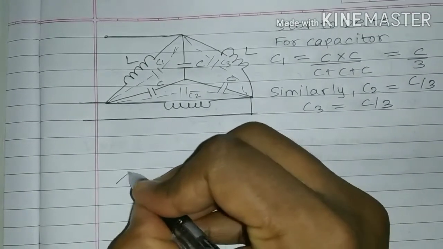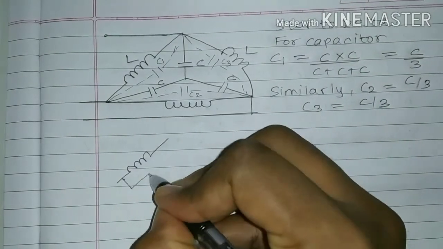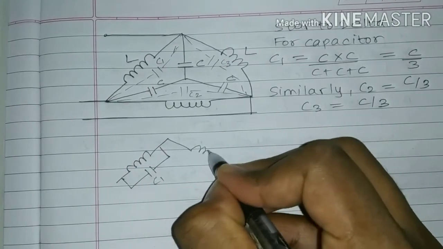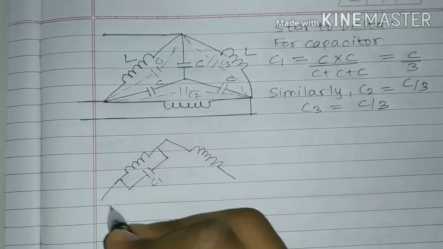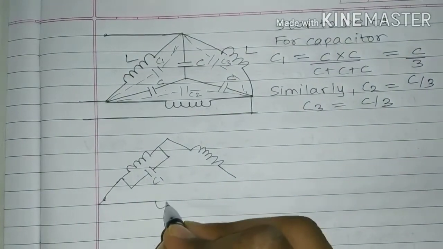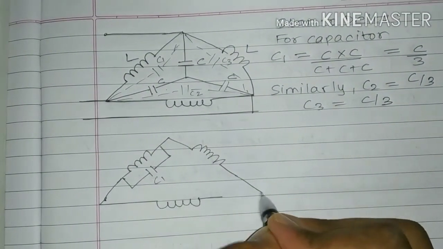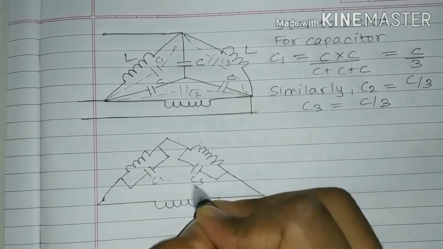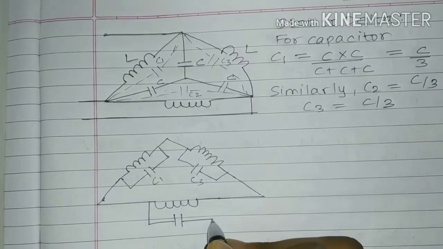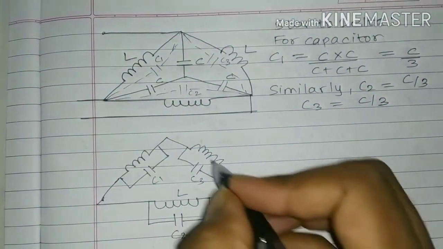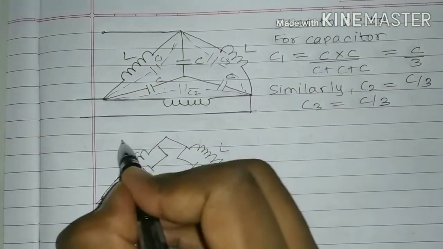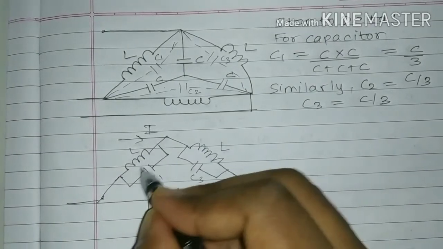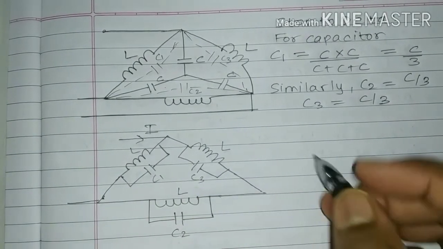So the given circuit gets modified into an inductor in parallel with a capacitor. This is C1, inductor, this is C3, and this is C2. This is L. Now for the current to be 0, the parallel combination of the inductor and capacitor should be infinite, that is, it should act as an open circuit.